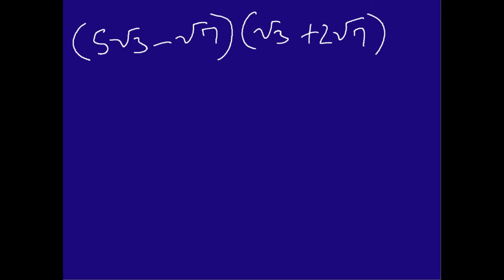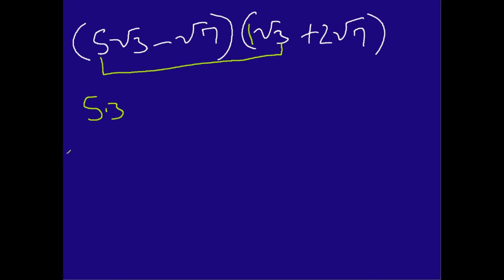So our first one that we're going to deal with is, of course, 5 times square root of 3 times square root of 3. Now again, just pretend for the sake of consistency that there's a 1 here. And so we have 5 times square root of 3 times square root of 3 is going to be 5 times 3 because the square root cancels out there.